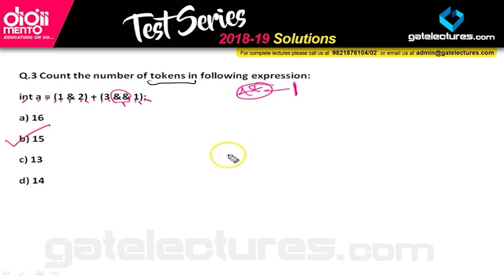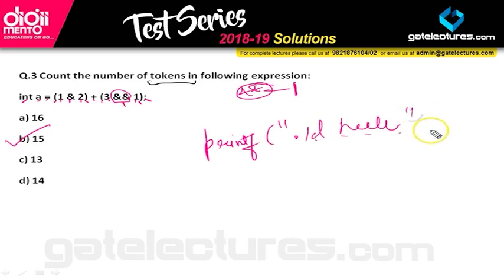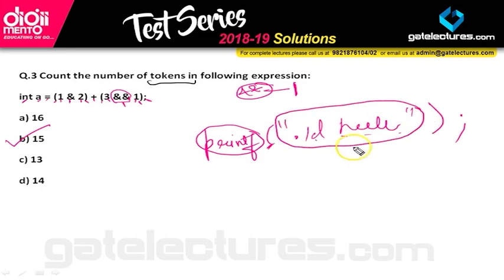One more example. Let's say I have a printf expression and something is printed over here, let's say hello or whatever, %d and whatever. When they ask how many tokens there are, this is 1, 2, and the whole thing under the double quotes is always counted as 1.